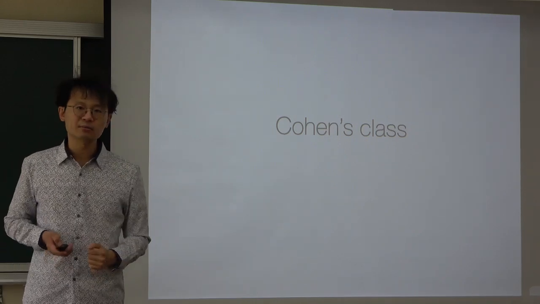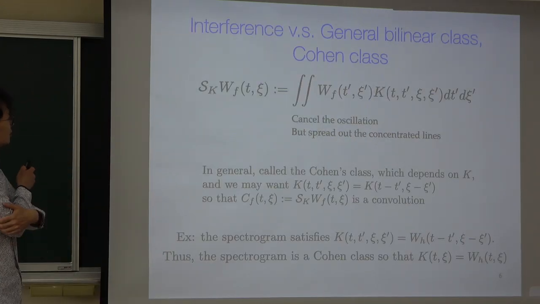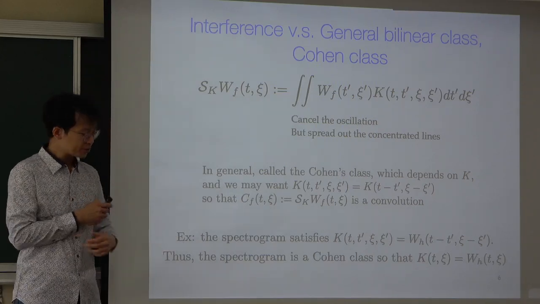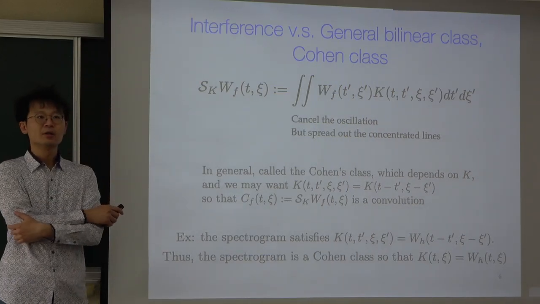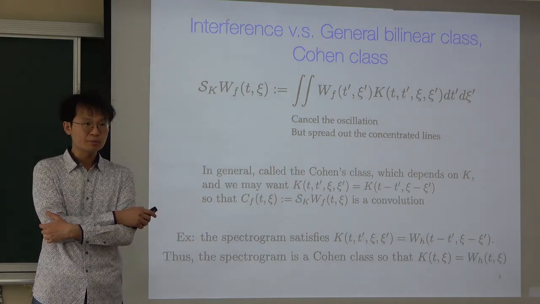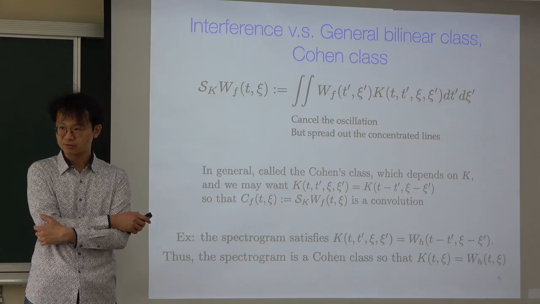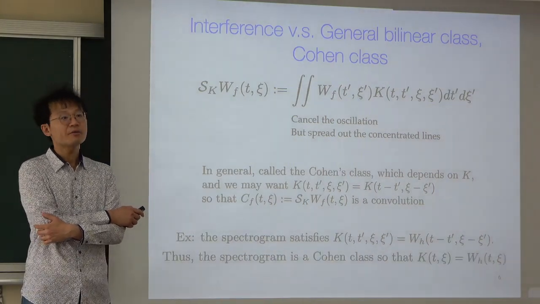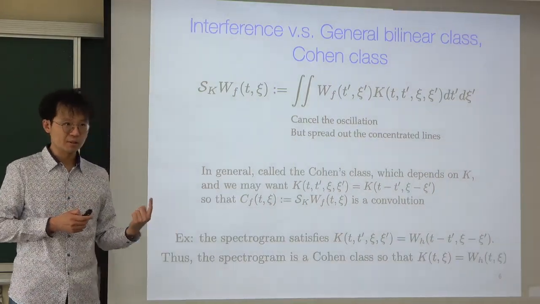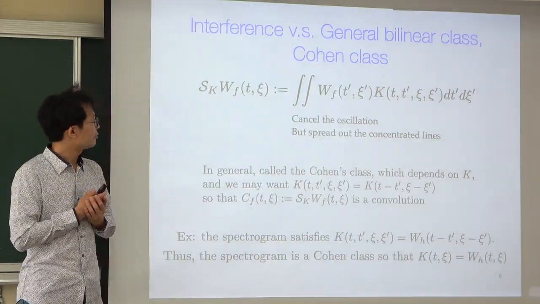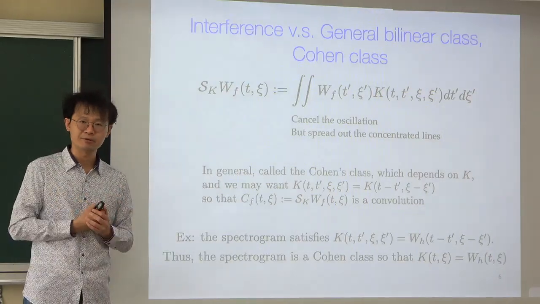So Cohen's class. You may remember, the limitation of Wigner-Ville distribution is the interference of different components. Or even if you have one component, if the frequency changes, then there will be some interference. And we want to find a way to cancel the interference.